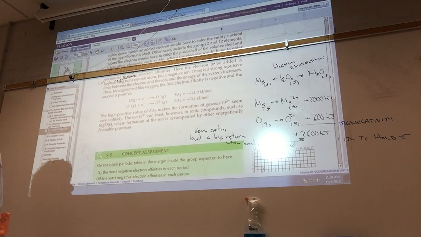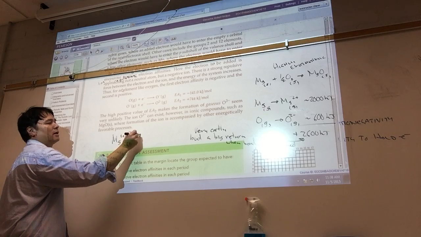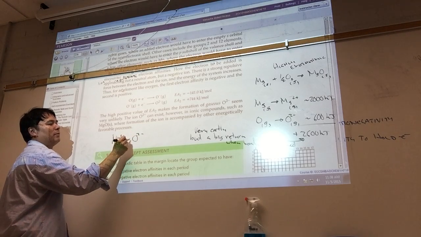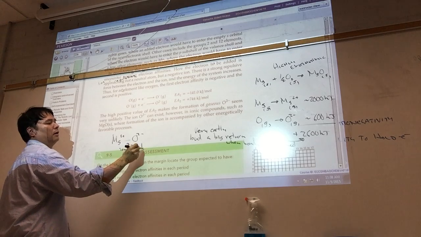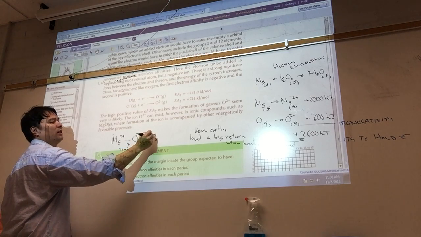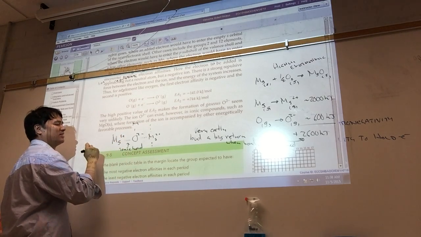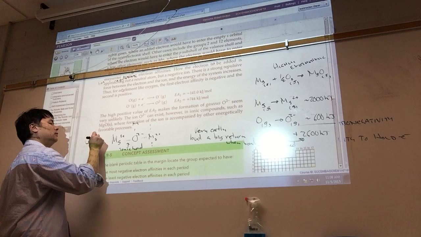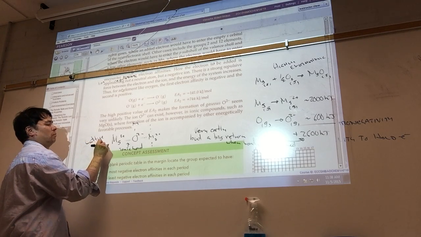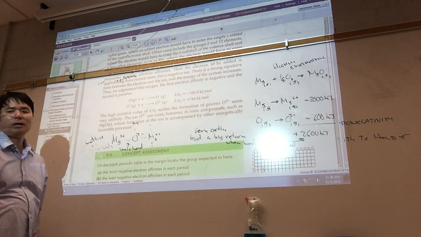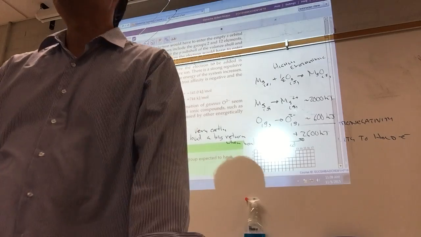The big return is going to come from forming an ionic bond. An ionic bond is Mg2+ and oxide 2-, right? Actually, not just one ionic bond, but a lattice of ionic bonds. And so what nature does is it looks at the cost versus the benefit.